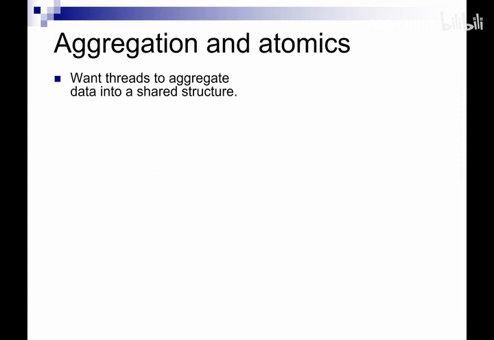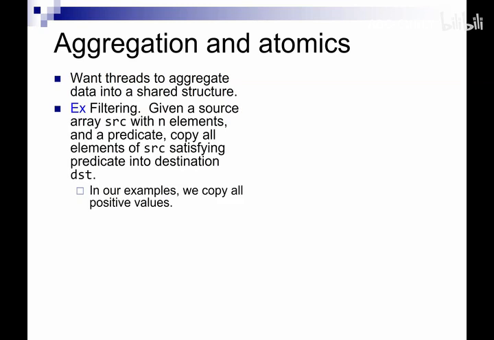Okay, so next, we're going to look at a problem called aggregation. Aggregation is basically where you take a big piece of input data, and you want to find some statistics on it, and sort of shrink that piece of data.